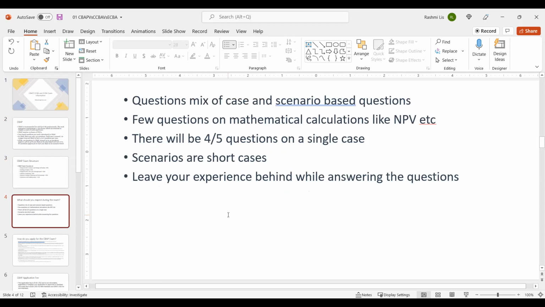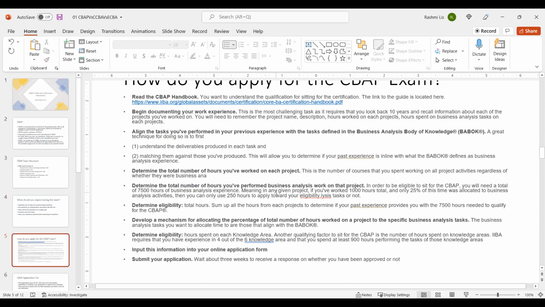You have case and scenario-based questions, and scenarios are short cases. I would highly recommend leaving your experience behind in terms of what you've done in different situations. The BABOK has a specific way of having you answer those questions, so certainly keep that in mind when you're answering questions.